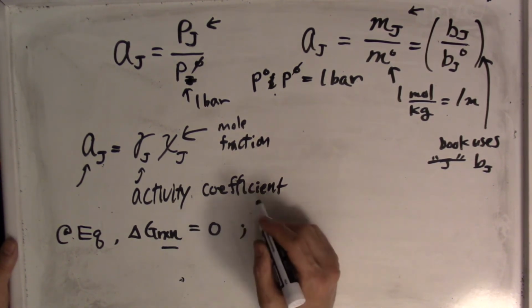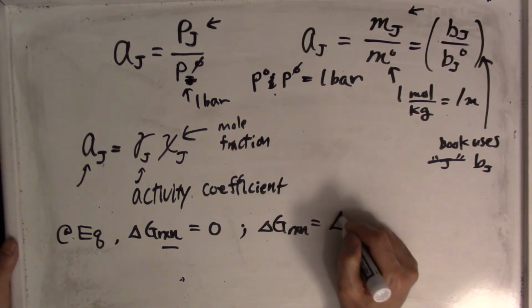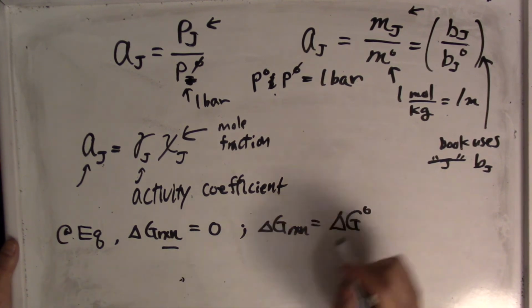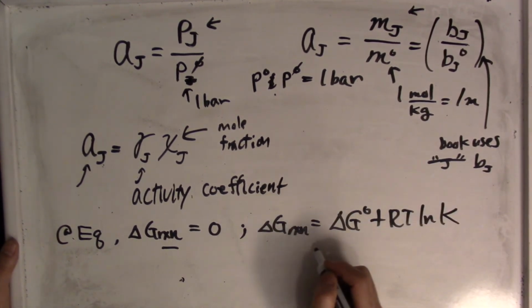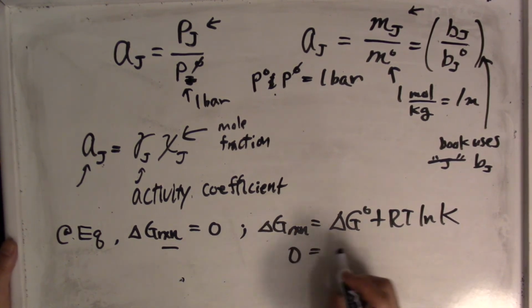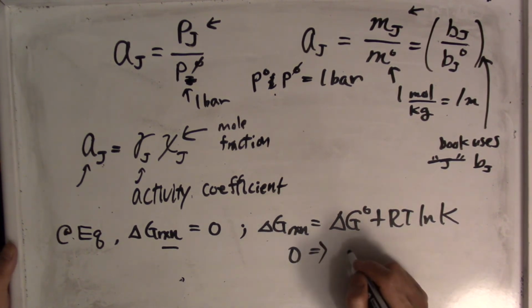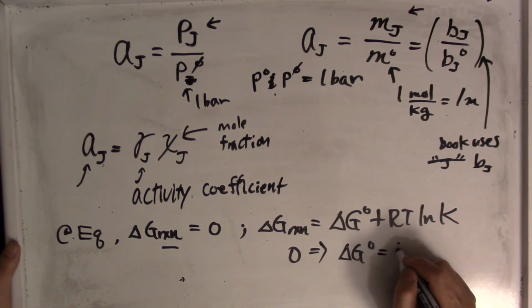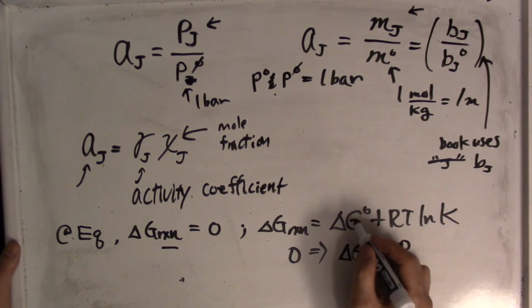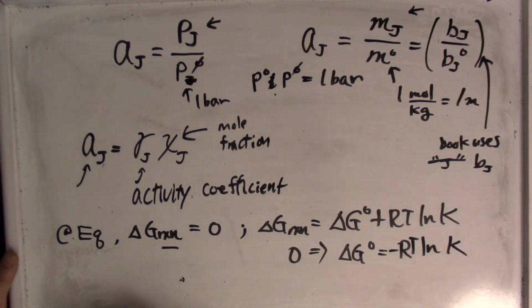Then delta G of the reaction is equal to the original delta G standard condition plus RT natural log of K. But because this is equal to 0, delta G standard is equal to minus RT natural log of K.